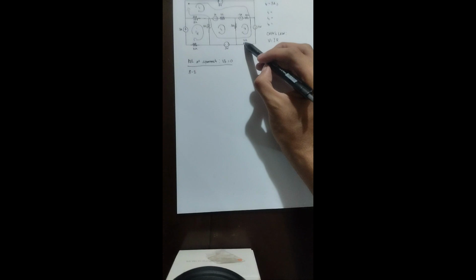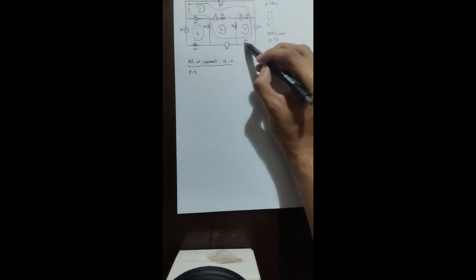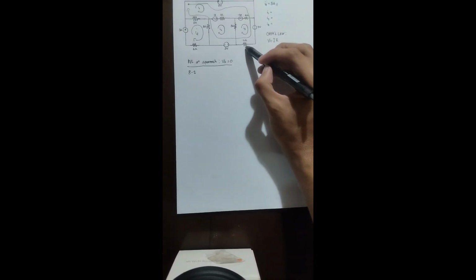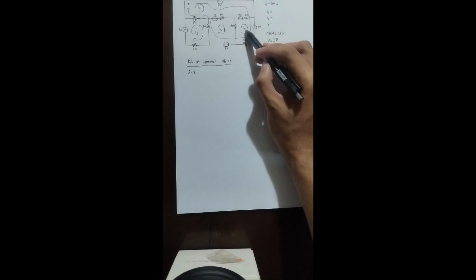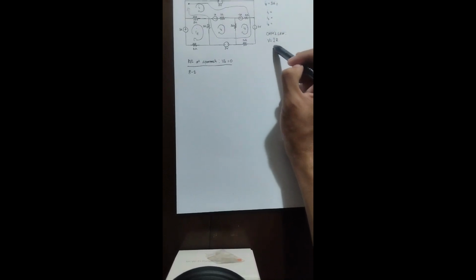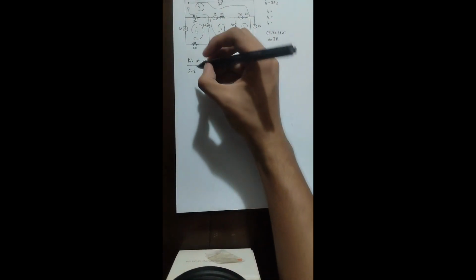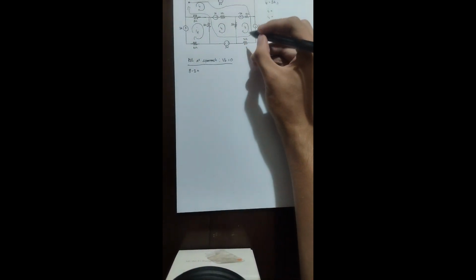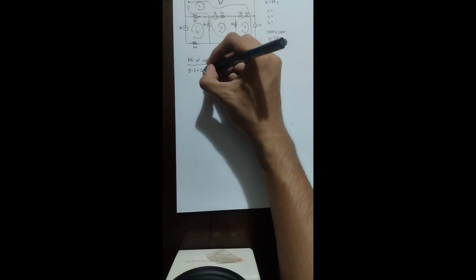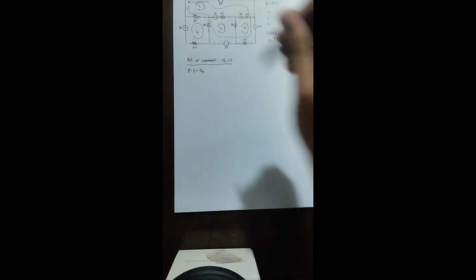Now we can see here we have a resistance of 2 on this resistor, and we have a current of I3. Now to get the voltage, we multiply the two, then we get plus 2 times I3, which is 2I3.